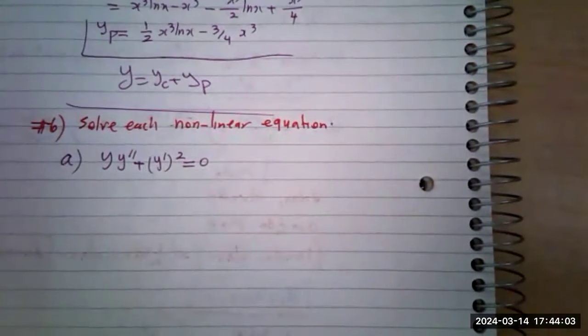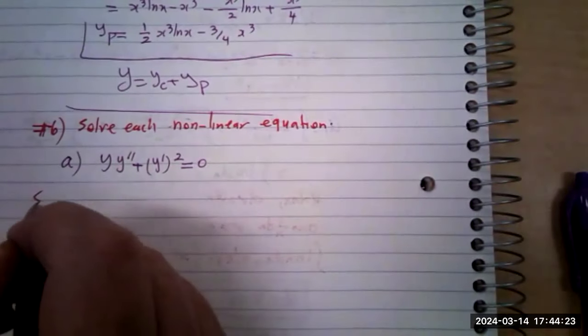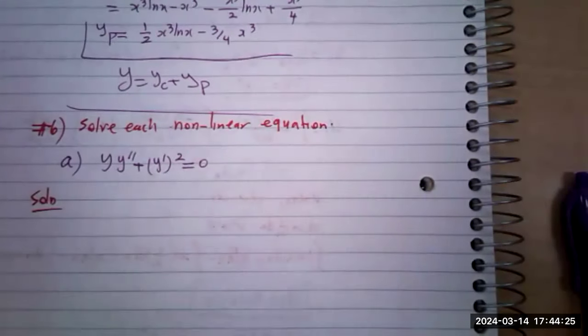See this one? You check to see which variable is missing. In this case, x is missing. Variable x missing takes a little bit more time, and y missing is easier. Both of them are easy, of course. You have to identify which case it is, case 1 or case 2.